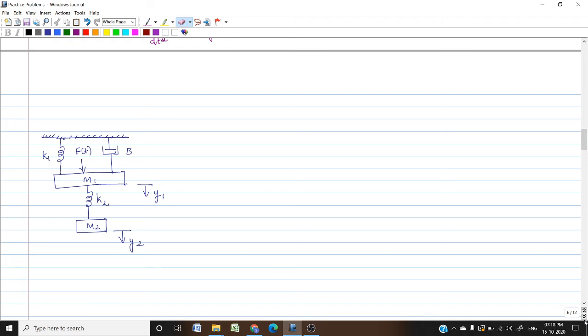Now there are two masses or two displacements, hence we'll have two nodes. Coming to force current analogy, it will be parallel circuit.